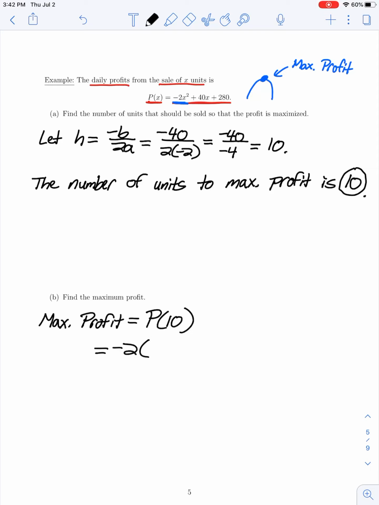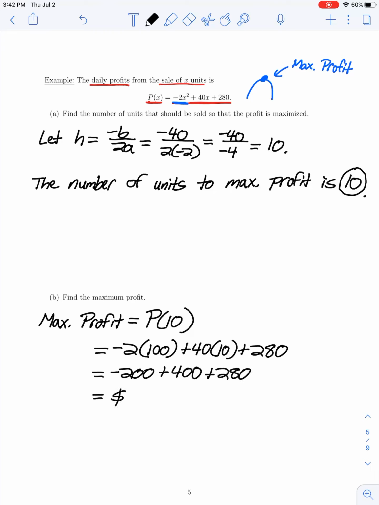We have negative 2 times 10 squared, which is 100, plus 40 times 10, plus 280. So this gives us negative 200 plus 400 plus 280, so altogether 480. So if we're measuring profit in dollars, we would have $480 profit for the sale of 10 units.